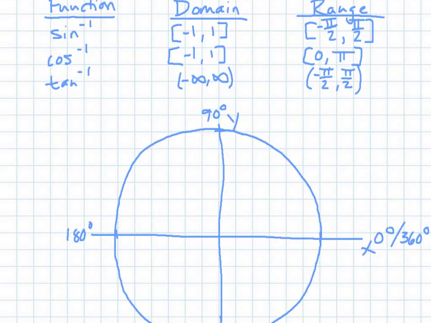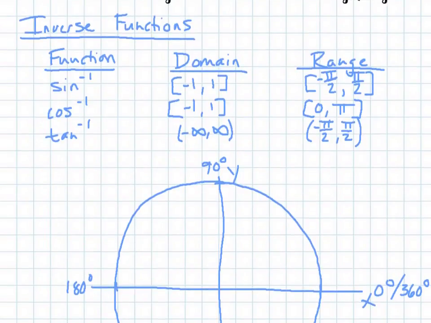Okay, so for sine inverse, remember a sine is attached to your y, so this domain is discussing your y values. I know that's different, but it'll be talking about the y.